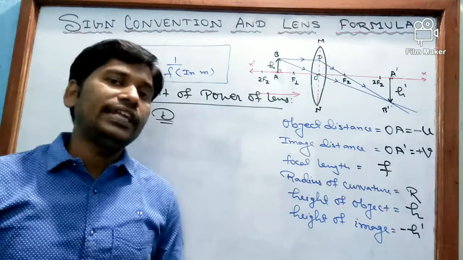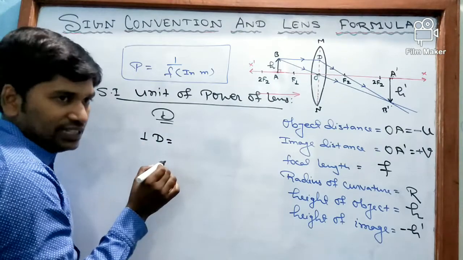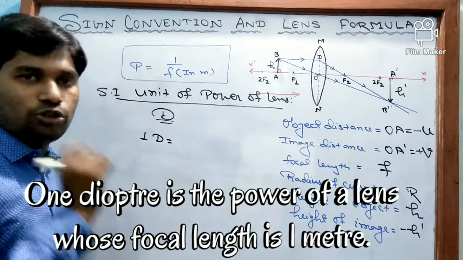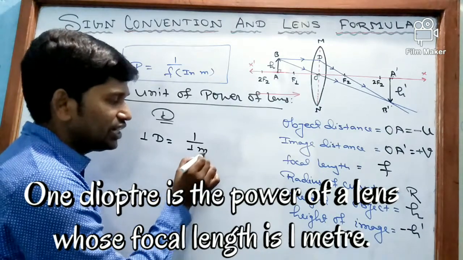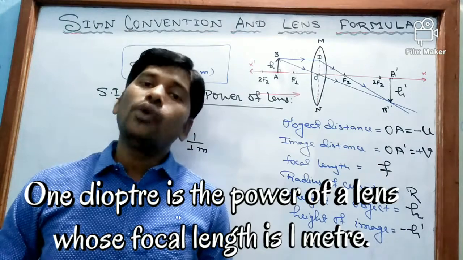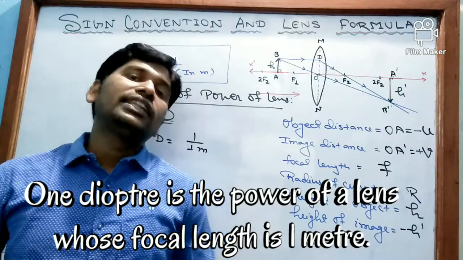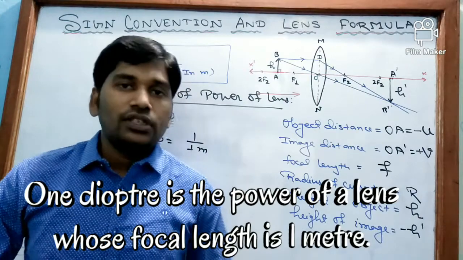Let us define 1 diopter. Power of lens is said to be 1 diopter if its focal length is 1 meter. If a lens has a focal length of 1 meter, then we can say the power of that lens is 1 diopter.